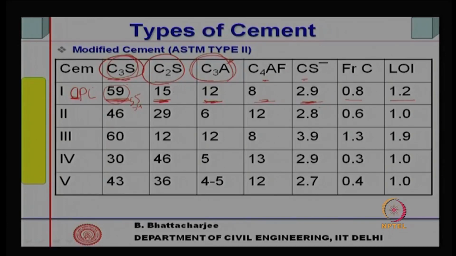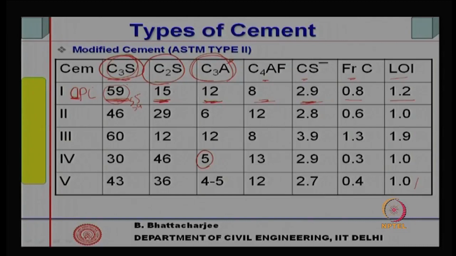Calcium sulphate again does not have much of an effect anywhere, and free lime of course is as restricted as anywhere it should be. Loss on ignition should be almost similar for all. So, major effect comes from the quantity of C3S present, and C3A present has got a role in type 4 cement, which is low heat cement.